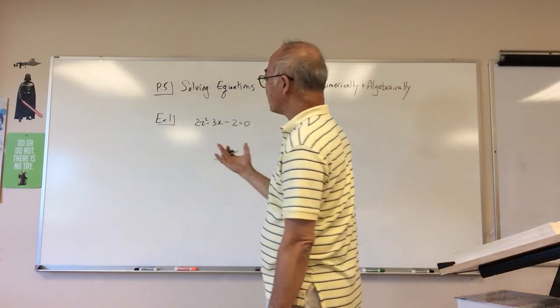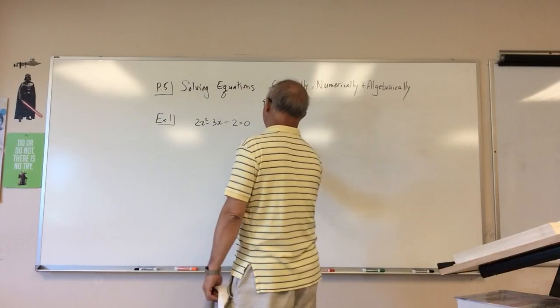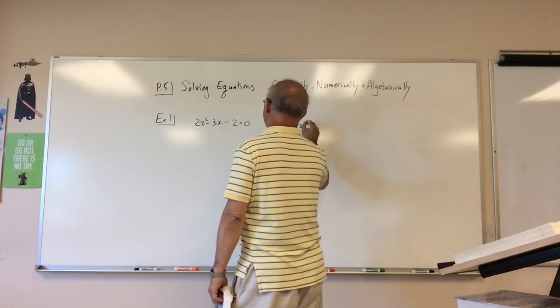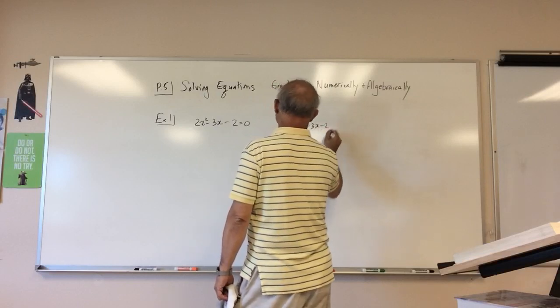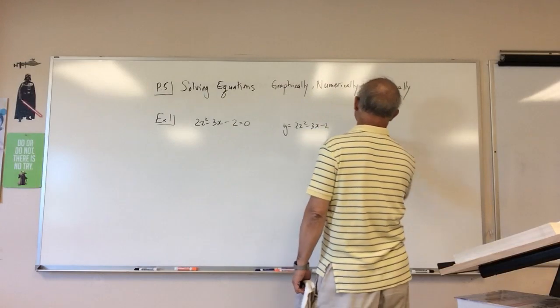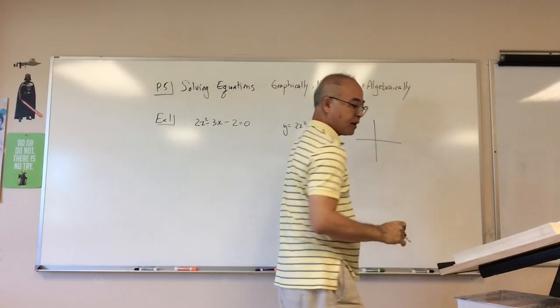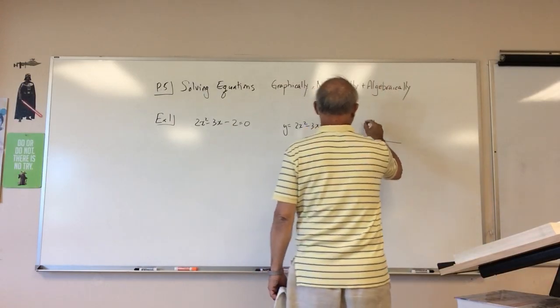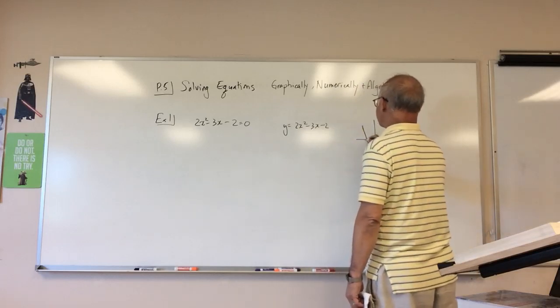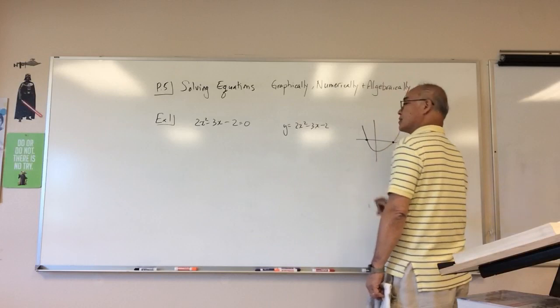Graphically, you would go into your graph, put y1 equal to 2x squared minus 3x minus 2, and graph it and find out where it meets the x-axis. It's going to look like this. Your answers are where y is equal to 0, the x-intercepts.